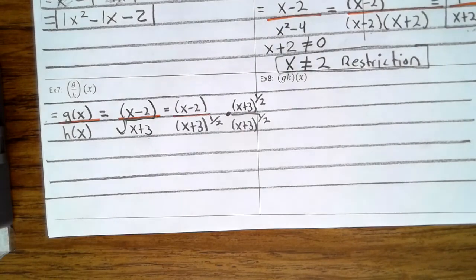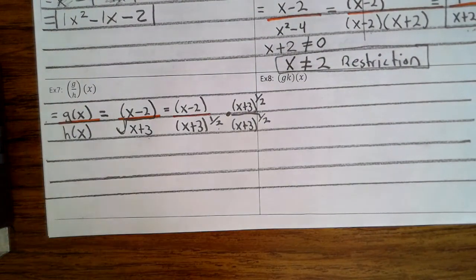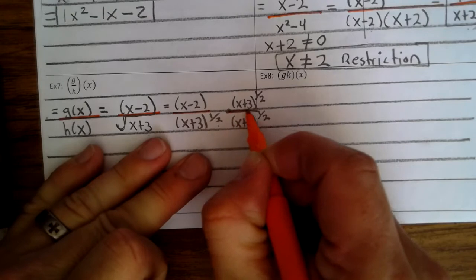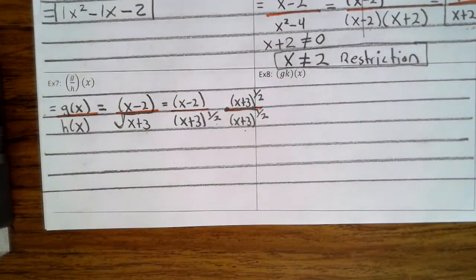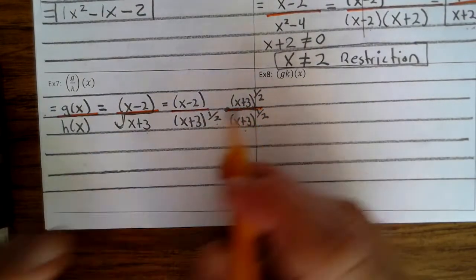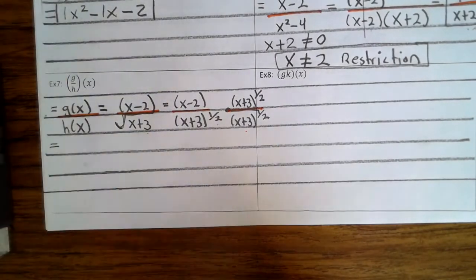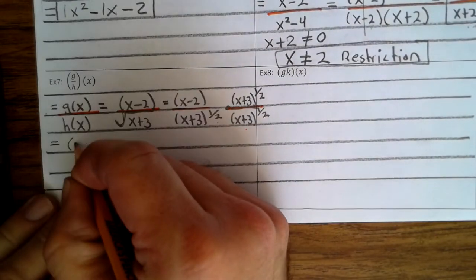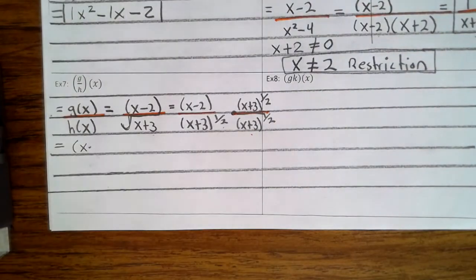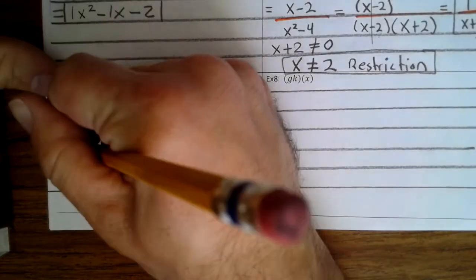So we're multiplying by a special 1, and you'll see why in just a second. So that's x minus 2 times x plus 3 to the 1/2 power.